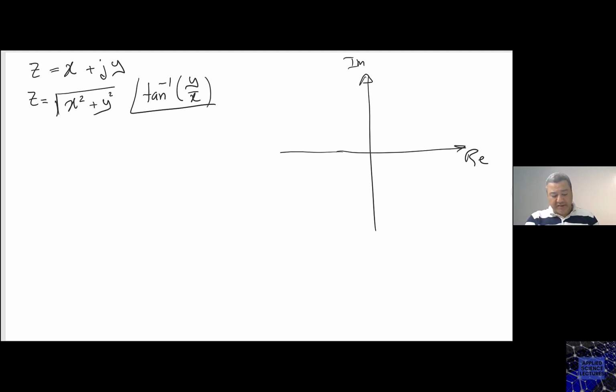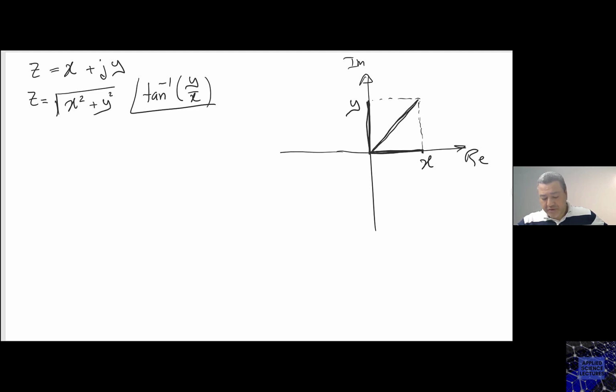The first case is when both the real and the imaginary are positive. And in this case, if the real is positive, and the y is also positive, then you will definitely get a positive angle, and this angle will be in the first quadrant, right?